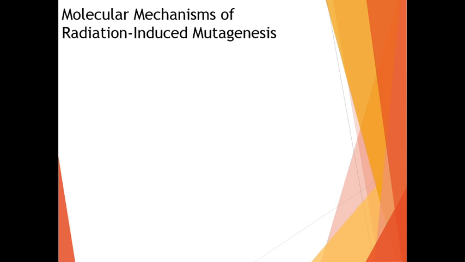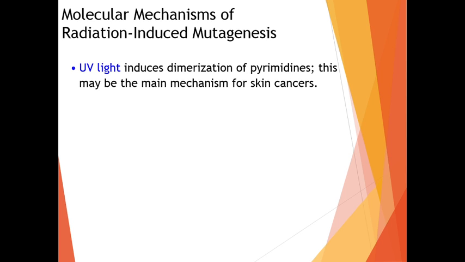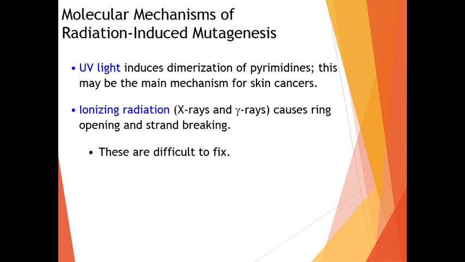Let us consider molecular mechanisms of radiation-induced mutagenesis. UV light, predominantly from sun, induces dimerization of pyrimidines. This may be the main mechanism for skin cancers. Ionizing radiations like X-rays and gamma rays cause ring opening and strand breaking.